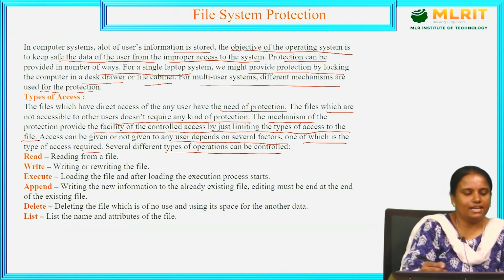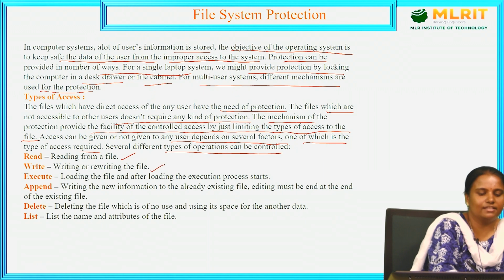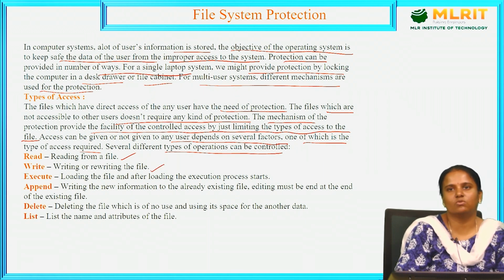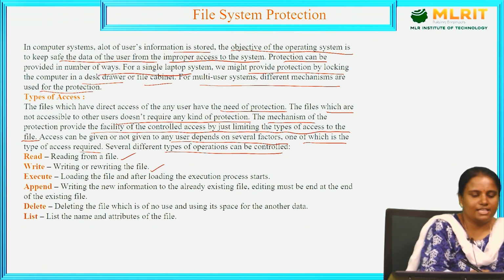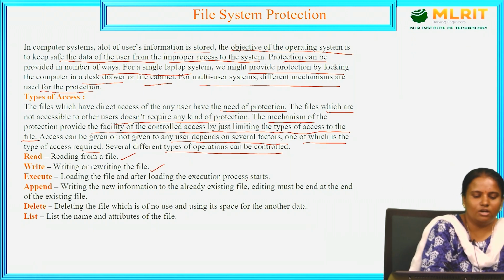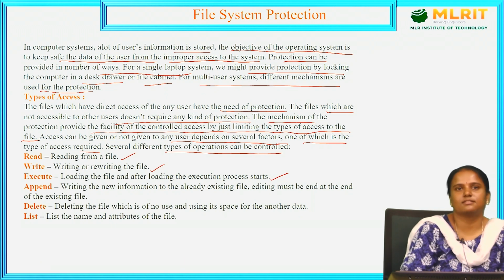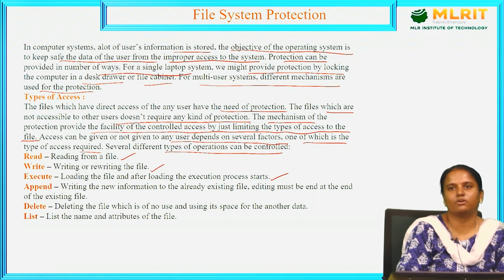Next, write is nothing but writing or rewriting the file. Any updates or any lines you want to add to a particular text document, you can write to the file. Next, execute. Loading the file, and after loading, the execution of the process starts. After writing the C program, you start its execution.